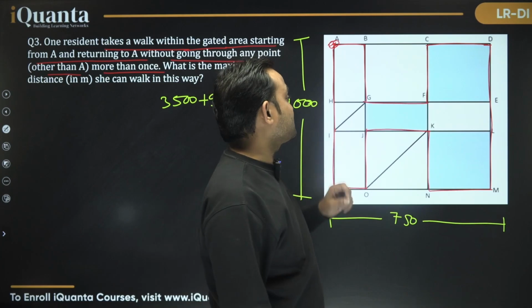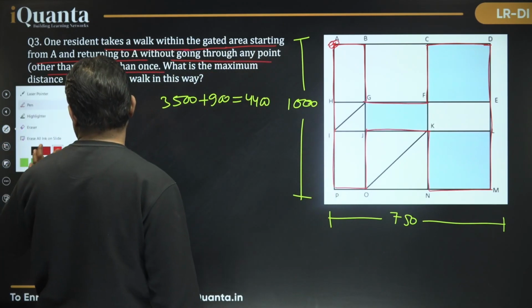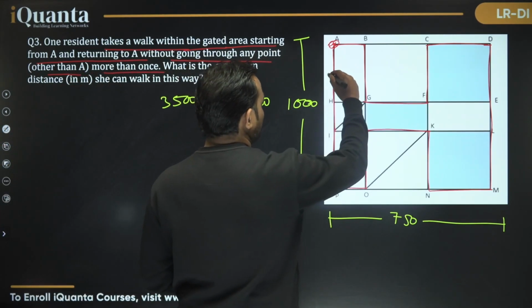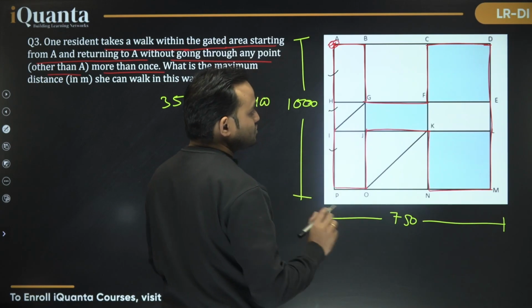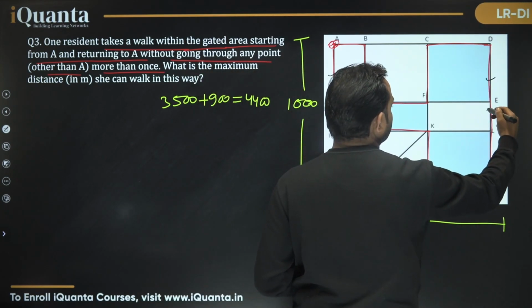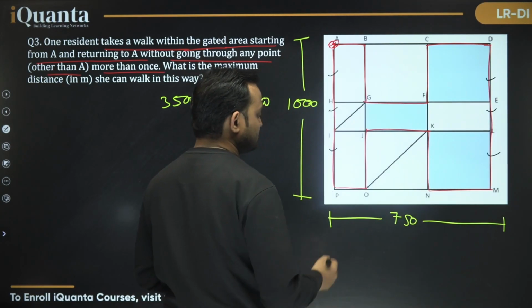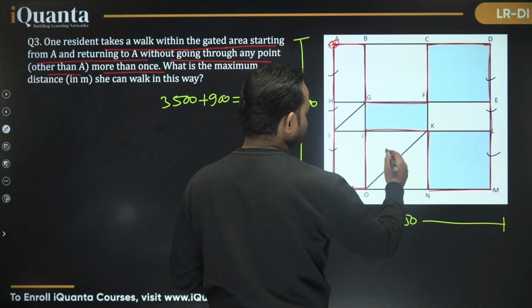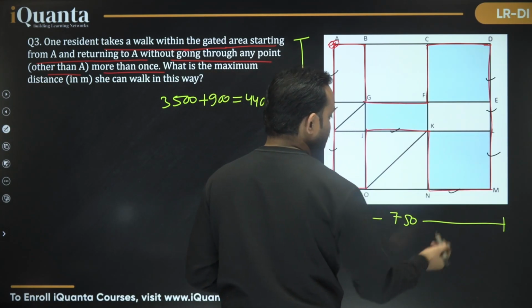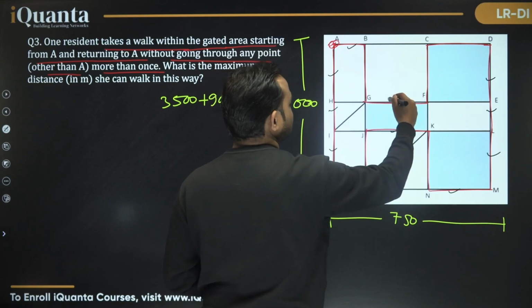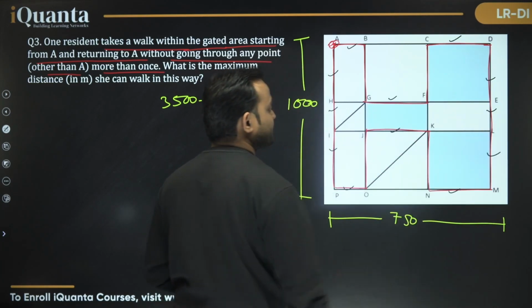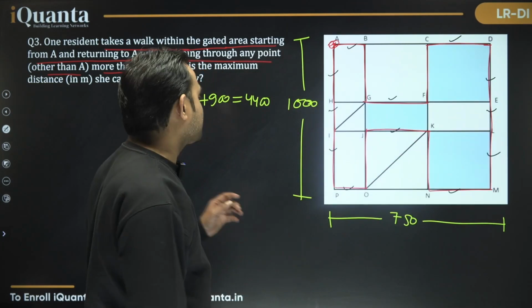So let's check this. What is the distance covered here? So again, 1, 2, 3, a total of 1000. 1, 2, 3, a total of 1000. 1, 2, 3, 750. 1, 2, 3, 750. What is the extra?